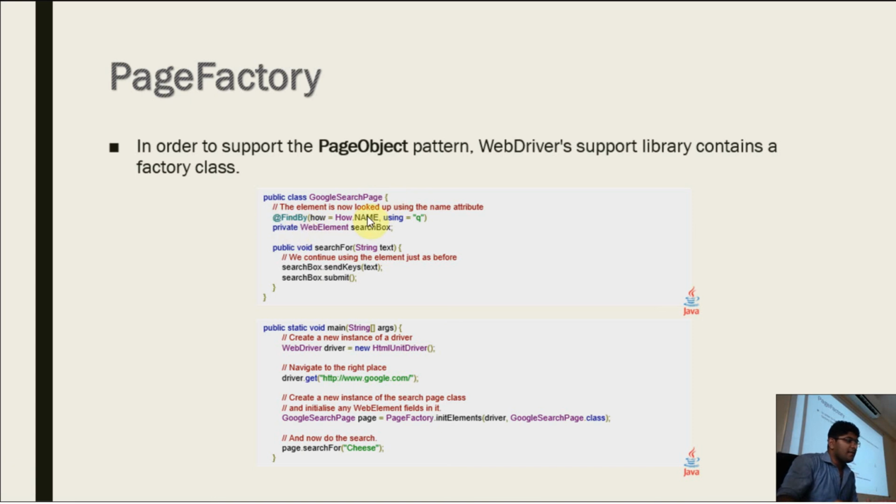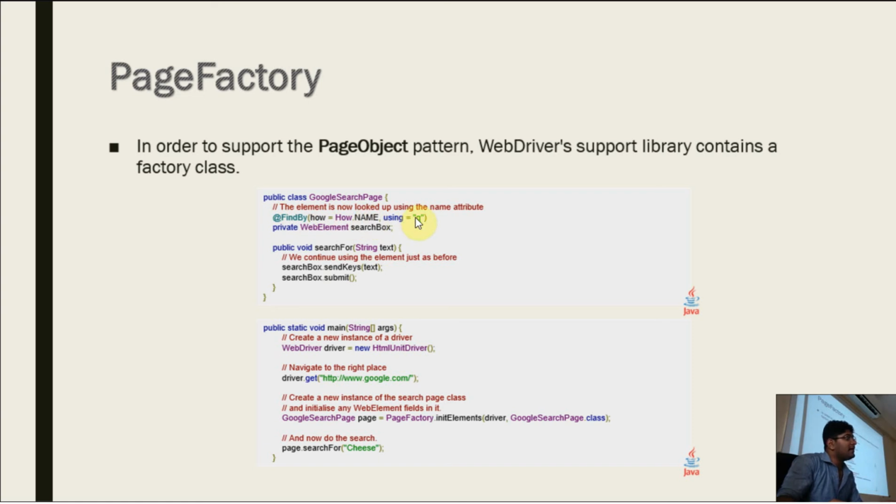Using some predefined attributes, we define the web element here, the search box in Google, and we can say find element using the name selector locator.